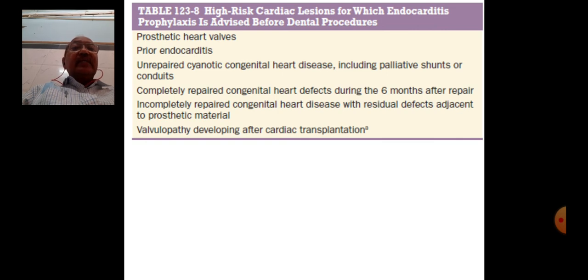That's prosthetic heart valves, prior endocarditis, unrepaired cyanotic congenital heart disease including palliative shunts or conduits, completely repaired congenital heart defects during the 6 months after the repair, that is, complete endothelialization should happen, incompletely repaired congenital heart disease with residual defects adjacent to prosthetic material, and transplant valvulopathy.